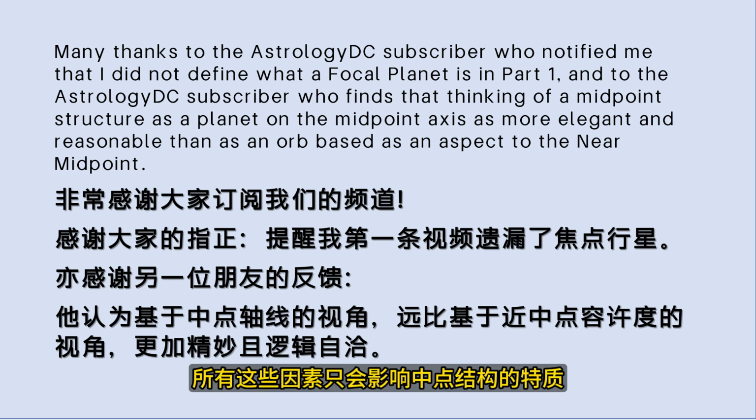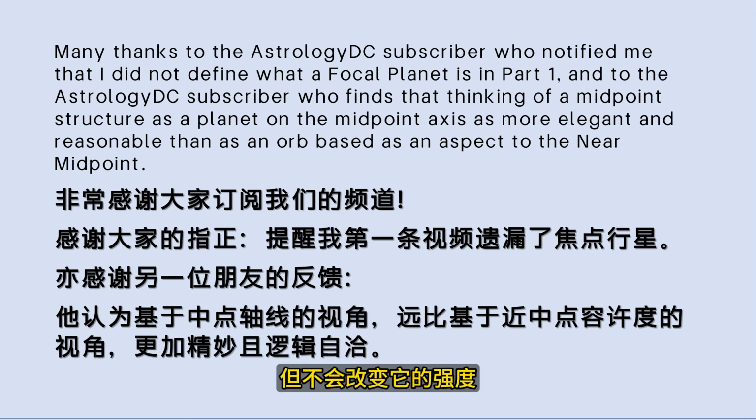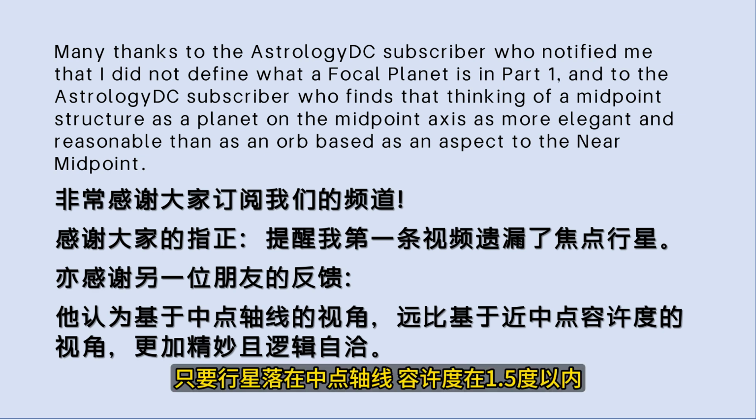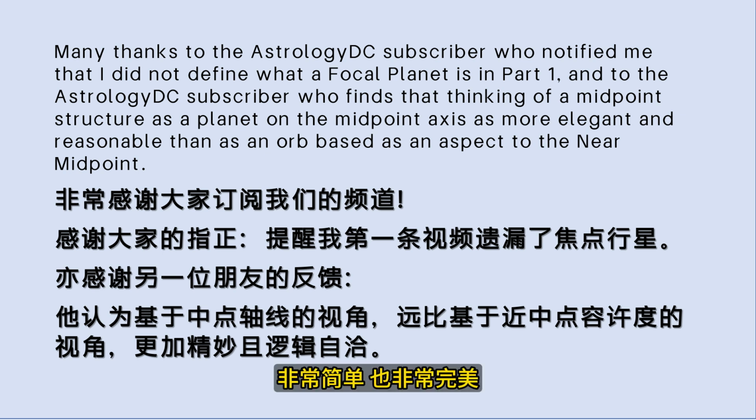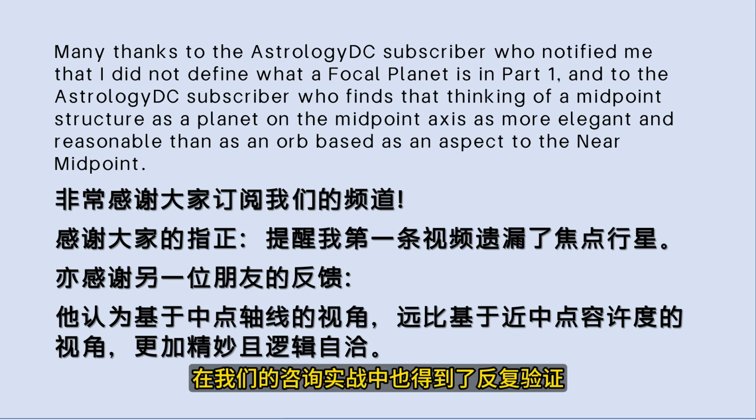So all of this is going to affect the quality of the midpoint structure, but not the strength. Fortunately, strength is very simple. You get a 1.5 degree orb for a planet on the midpoint axis. That's all there is to it. Very, very simple. It's very elegant and also, I think, a reasonable idea, and it works out in our work with clients.